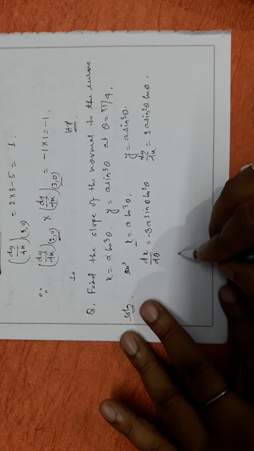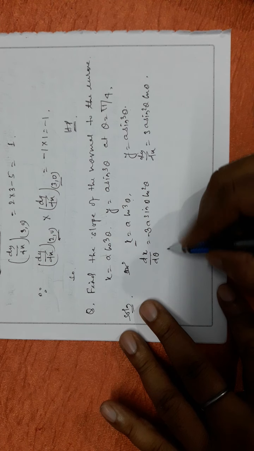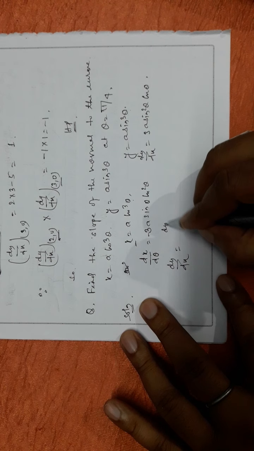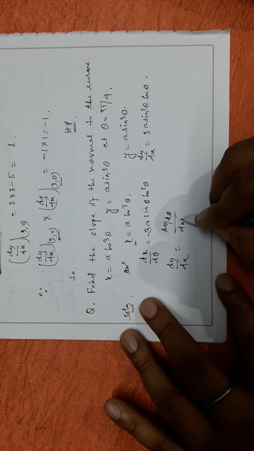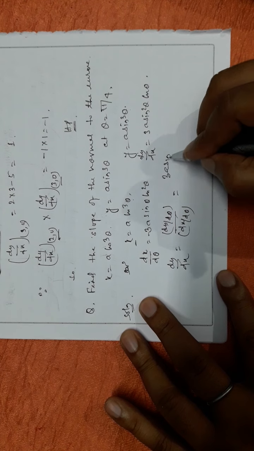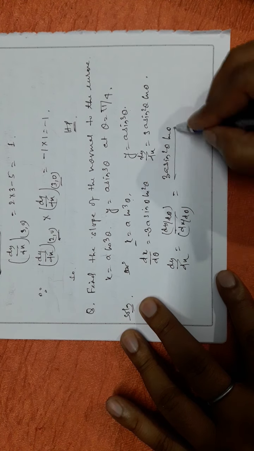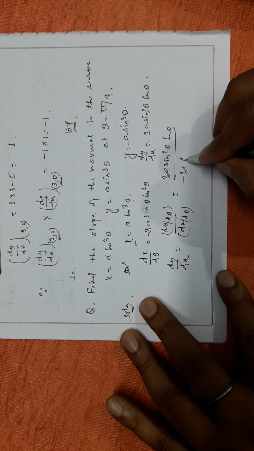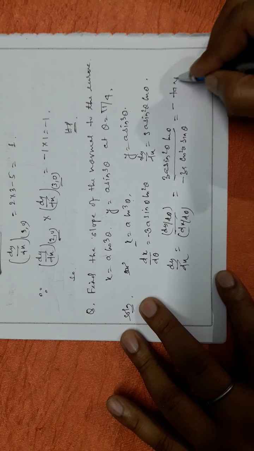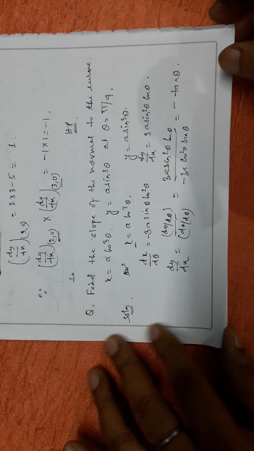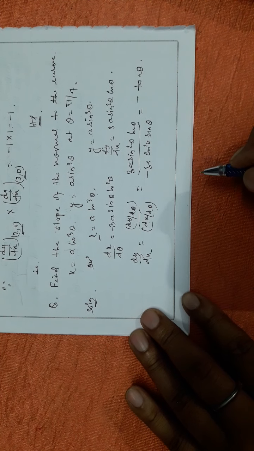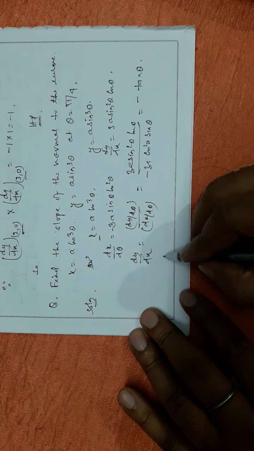First of all we have to determine the value of dy by dx. So dy by dx equals dy by d theta over dx by d theta. Substitute the values in it: 3a sin square theta cos theta, whole over minus 3a cos square theta sin theta. You will get the answer, minus tan theta. Now we substitute the value of theta to find the slope of the tangent.